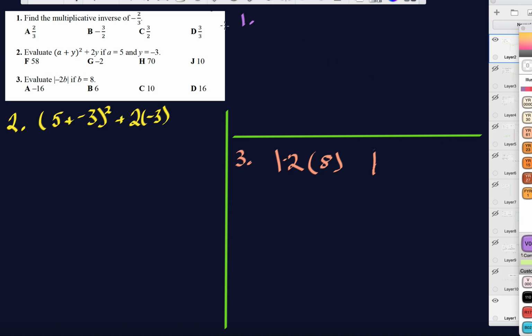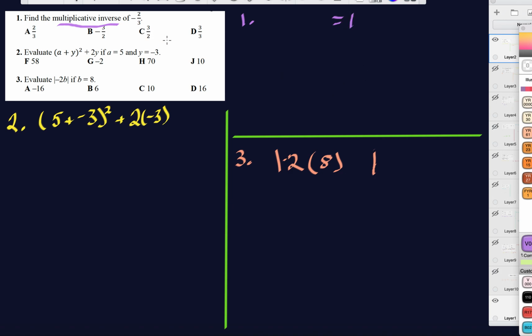So here we go. The first one is find the multiplicative inverse of negative 2/3. Well, if we're looking for the multiplicative inverse, we're looking for something that gets us equal to 1.